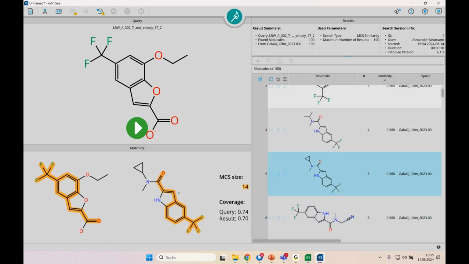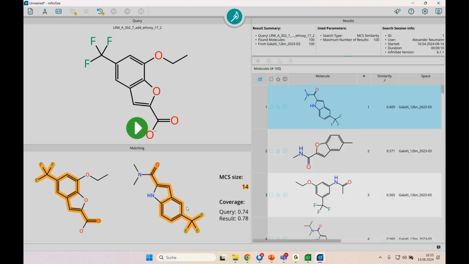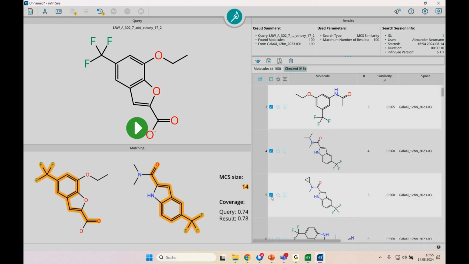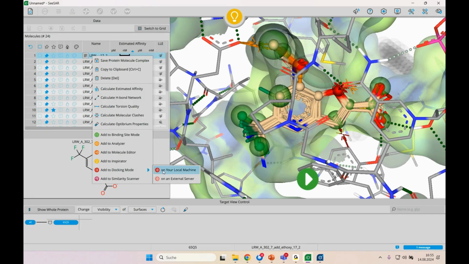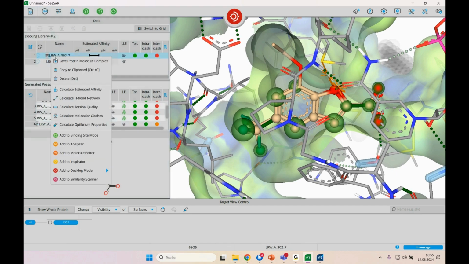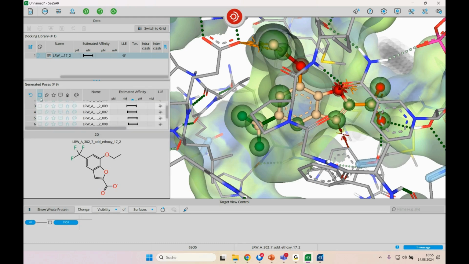But maybe, you know what? Let's try it. Why not? Let's use the 5 compounds here just to see if there's anything that's at least somewhat interesting. Let's copy all of them as Smiles. Go back to Caesar, transfer this one to the docking mode, get rid of this one, clean stuff up here, and now load our 5 molecules. 1, 2, 3, 4, 5.